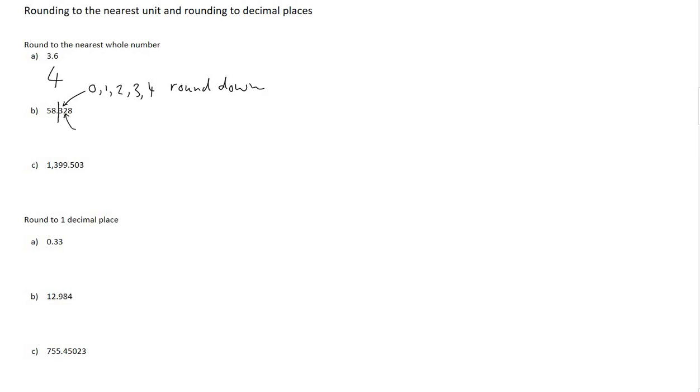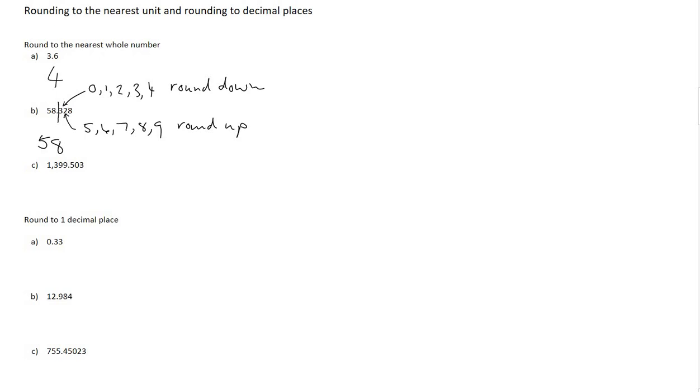And if it's big, if it's 5, 6, 7, 8, or 9, I'm going to round up to the whole number above this. Okay, so it's 3, that's small. So I'm going to round down to the whole number below this. 58.328, now that's 58, okay?